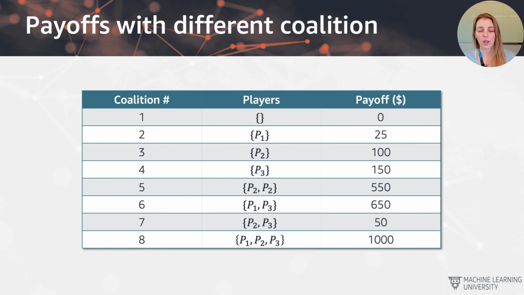So we could have player 1 and player 2 playing the game and getting a reward of $550. We could have player 1 and player 3 playing to get $650. And then we have player 2 and player 3 only getting a reward of $50. So they might have a very overlapping skill set, so combining the 2 of them is not going to give a big payback.